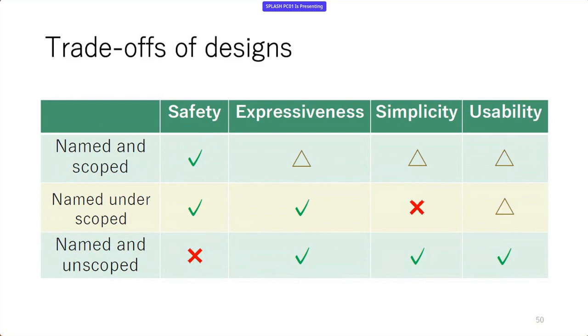And other than these combinations, we also have named and unscoped handlers, which are unsafe but easy to use. From this comparison, we can conclude that there is no best design of named handlers. So the language implementer must choose between different options depending on what they prioritize.